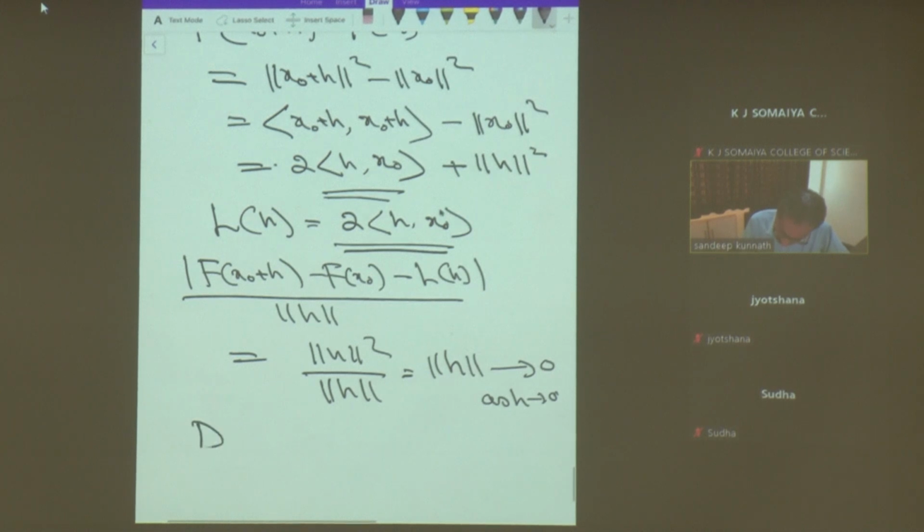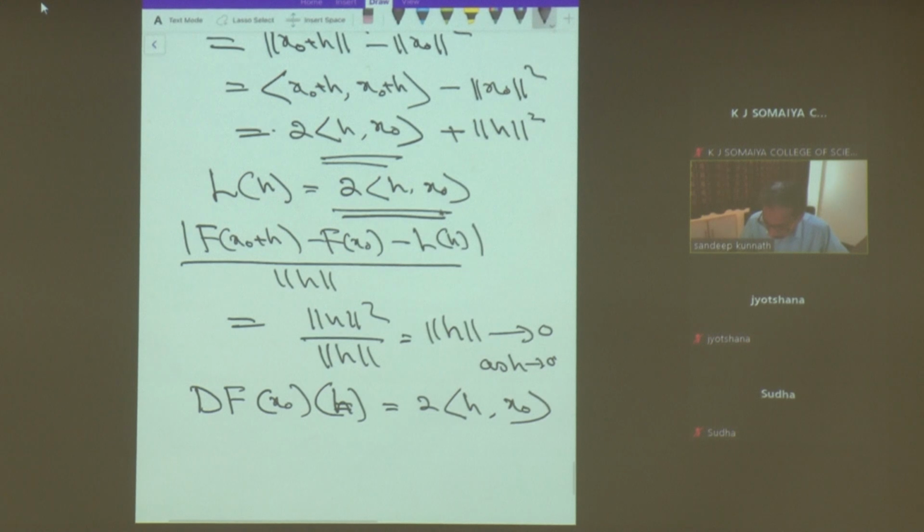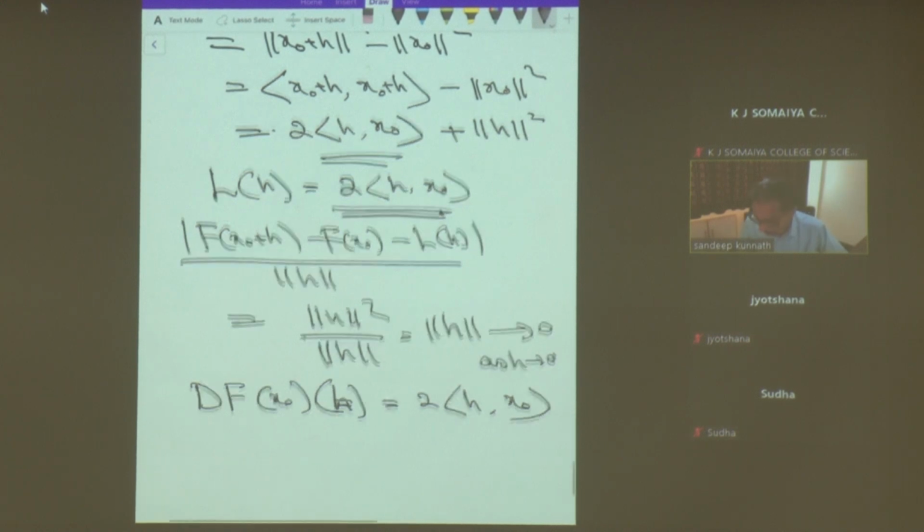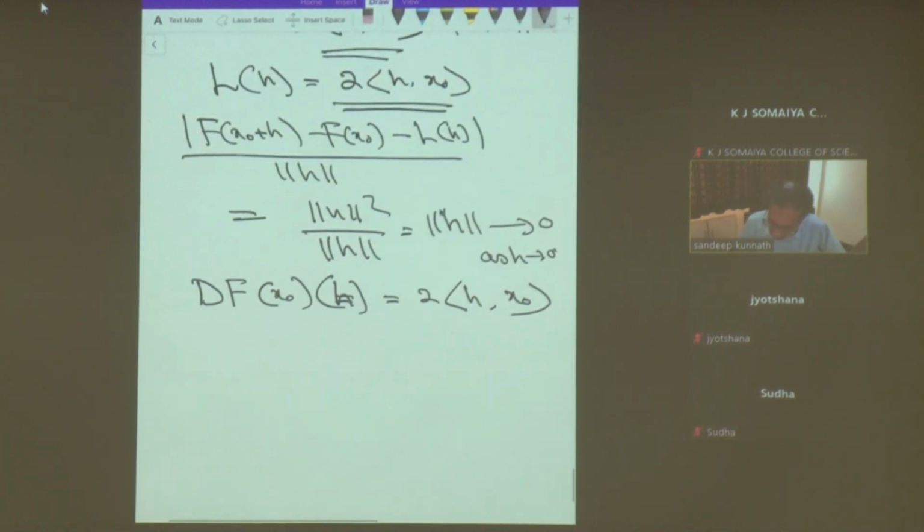That implies that df, the derivative of f at a point x naught, is a linear transformation, so it acts on h as 2 times the inner product of h with x naught. You can see that as you vary x naught, this linear transformation changes. Suppose x naught is a critical point.